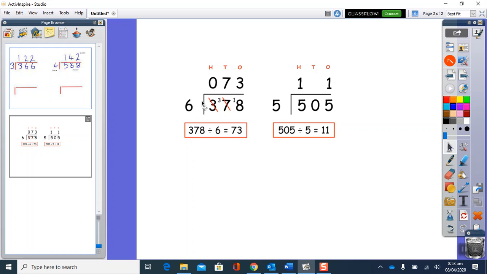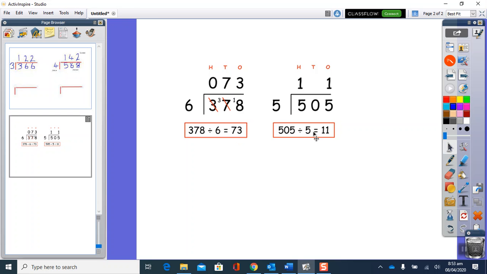Now we do 6's into 37. So let's find out if Jamie's right with 7 here. So 6, 12, 18, 24, 30, 36. Right, so 6 times 6 is 36, which is 1 less than 37.